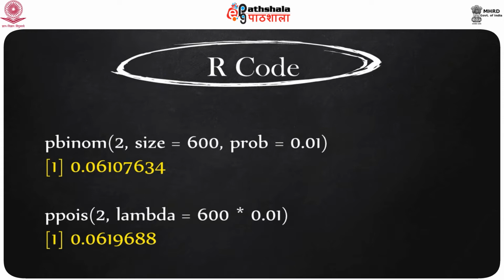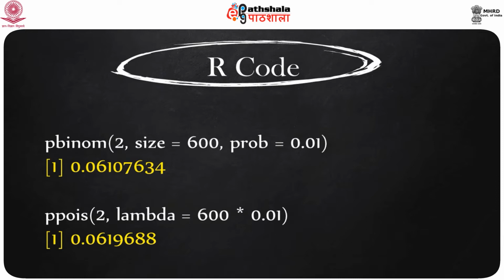So, we want the distribution function of a Poisson distribution with the command ppois(2, lambda = n*p), that is 600 times 0.01. Since n is sufficiently large and on the contrary p is sufficiently small, we can use this, and let us look at what we are having here.